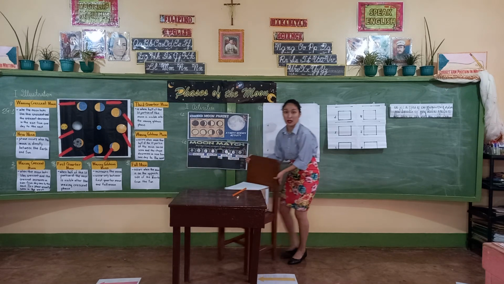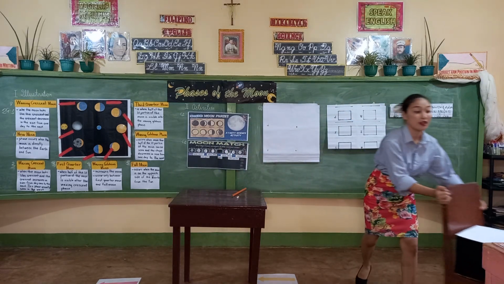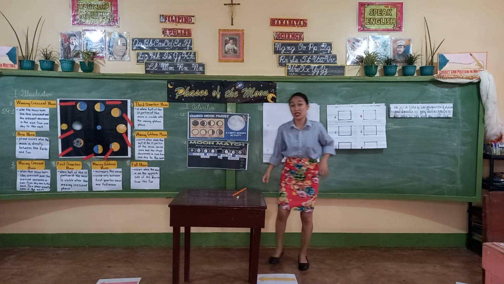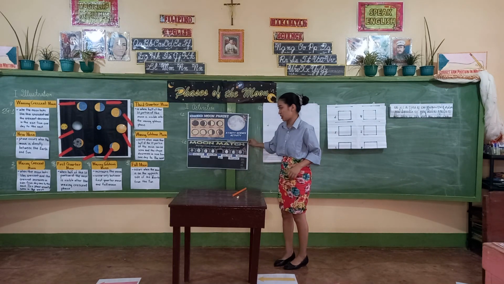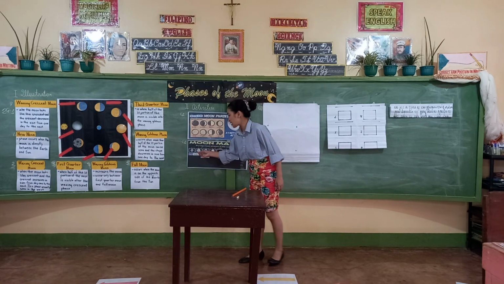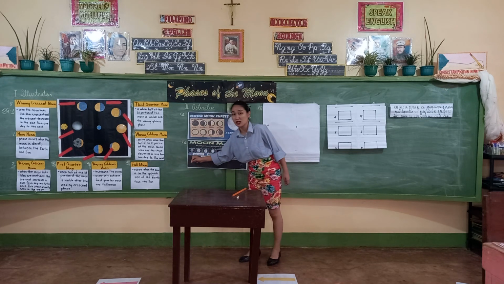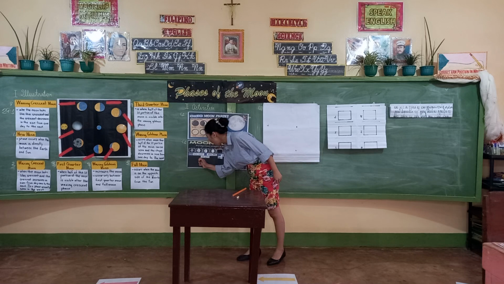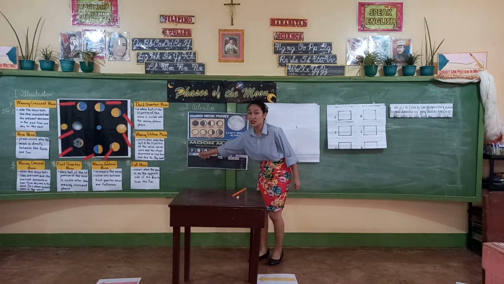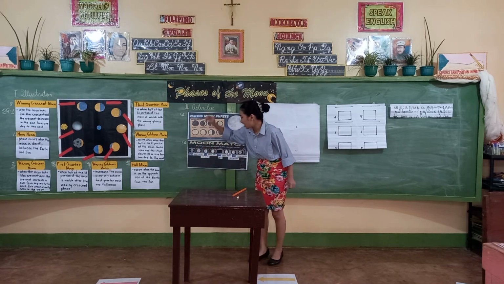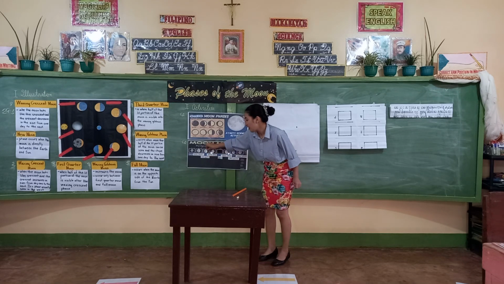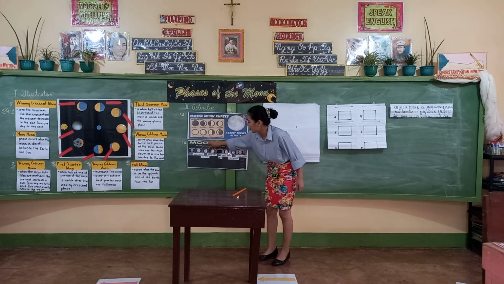Okay. Well, the second group's activity is called moon match. Let's check their work. Is this correct? Oh, I did the new moon, so they have to do the next one. Is this correct, class? Very good. How about this one? How about its name? How about this one? Very good.